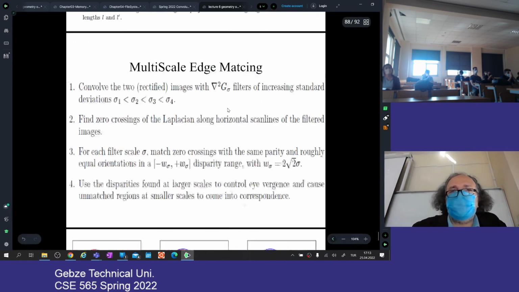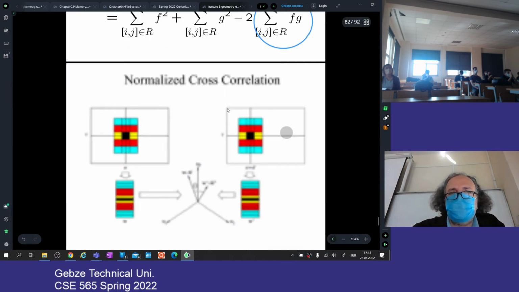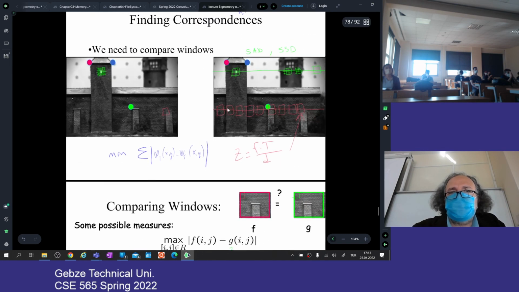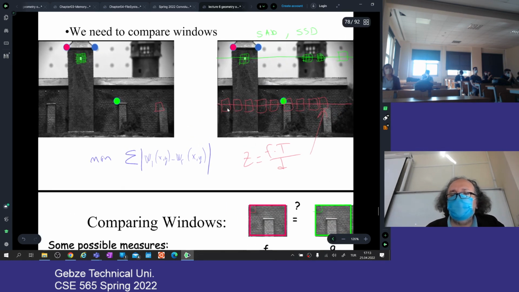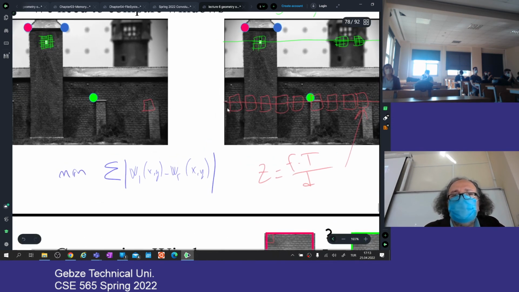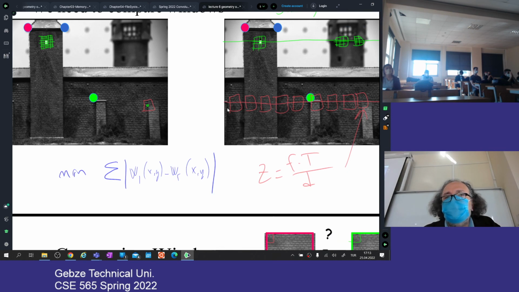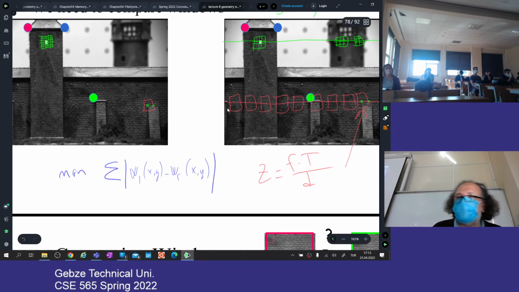So let's go back and look at this one. If I have calculated the disparity for this one, and I found that the corresponding element is here, then for the next pixel, the corresponding pixel should be to the right of the previous correspondence.